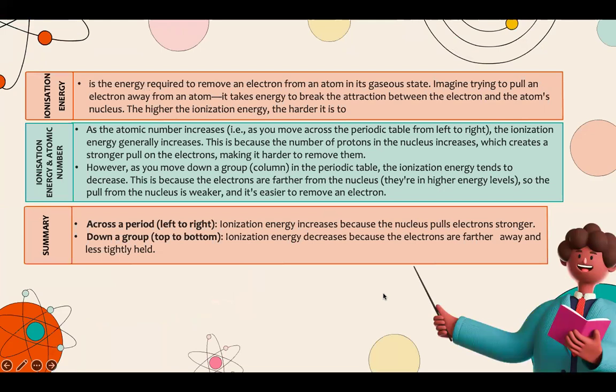Ionization energy is the energy required to remove an electron from an atom in its gaseous state. Imagine trying to pull an electron away from an atom. It takes energy to break the attraction between the electron and the atom's nucleus. The higher the ionization energy, the harder it is to remove the electron.